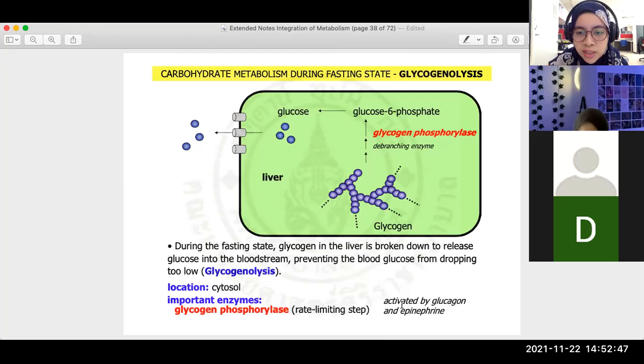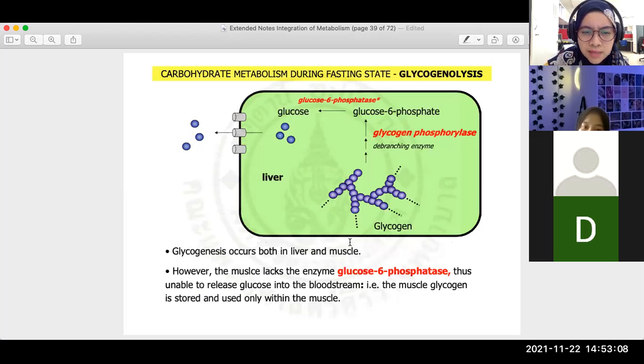Adrenaline will trigger our body to produce more and more blood glucose. Same goes for glucagon. When our body senses that the blood glucose level is low, that is when glucagon is also activated for further metabolic reactions to take place.